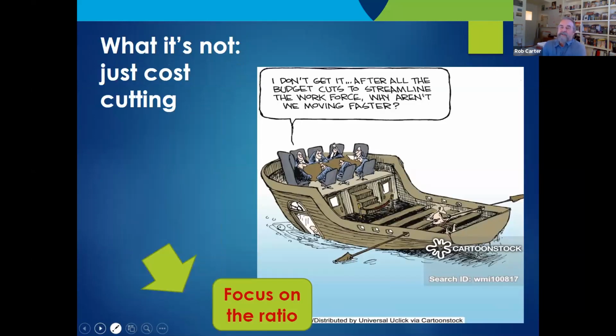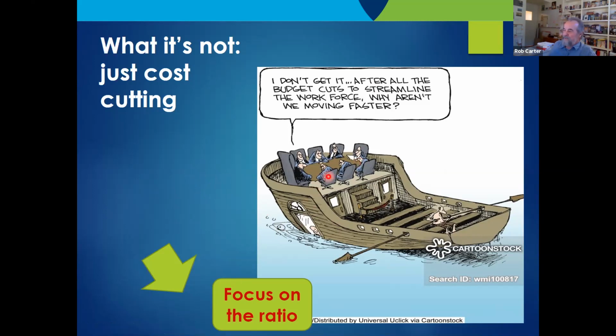If it means different things, then I thought I would start by talking about what it isn't. One of the things that many people misunderstand efficiency for, of course, is cost cutting or trying to pursue affordability. I'd like to illustrate that concept with this little cartoon, which I quite like.